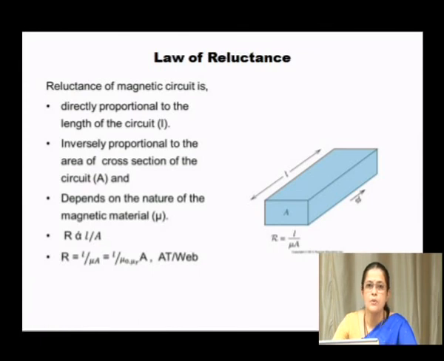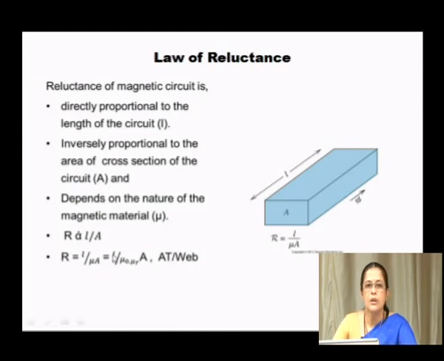When we convert that proportionality symbol into equality symbol, we write it as L by mu A, where mu is the permeability of the magnetic material.